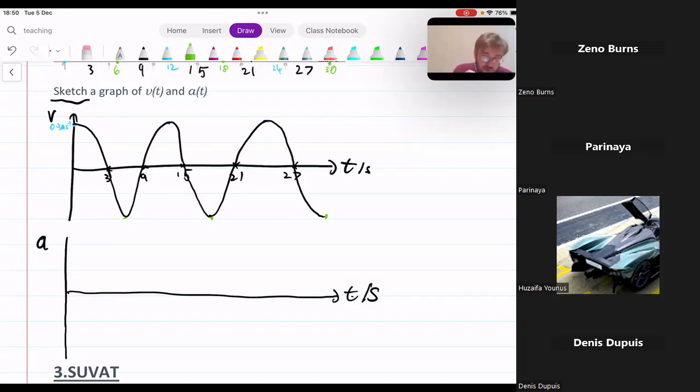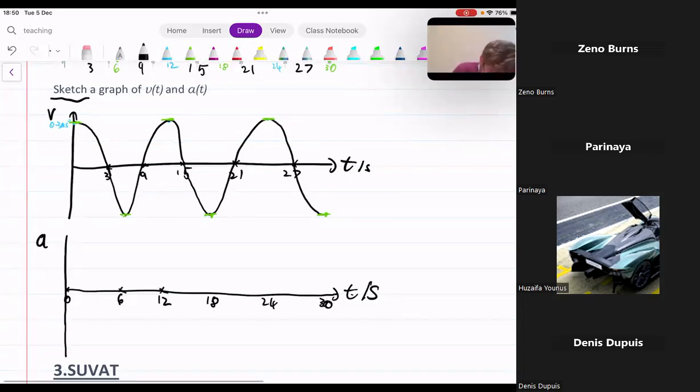And so the acceleration is 0 when this velocity time graph is completely flat. And that happens here, here, here, here, here, and here. And these are the points 0, 6, 12, 18, 24, and 30. So these are all the points acceleration is 0.